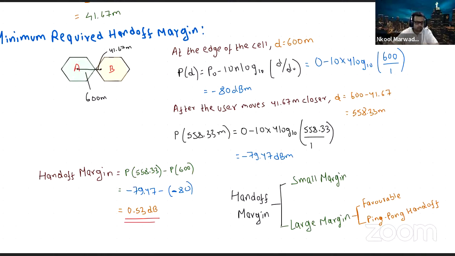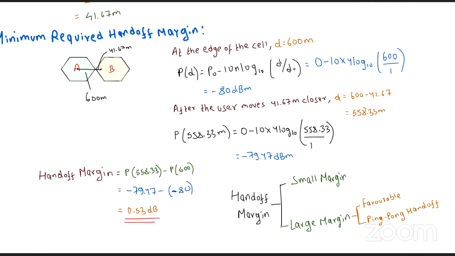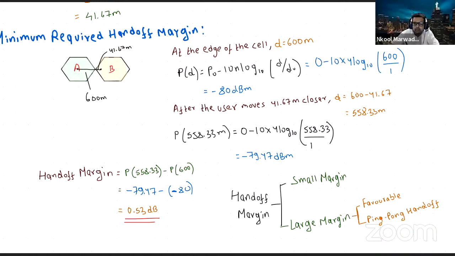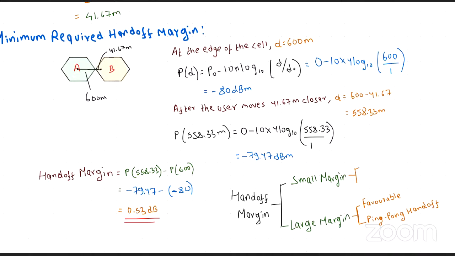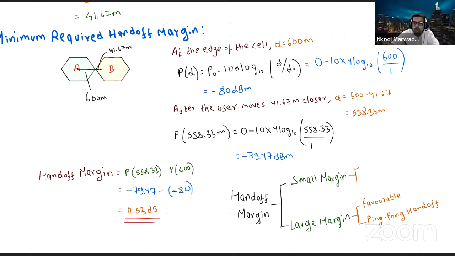So it is confused, and it will take more time for switching. That is not favorable. It will not decide instantly; it will wait, and more time it will take.